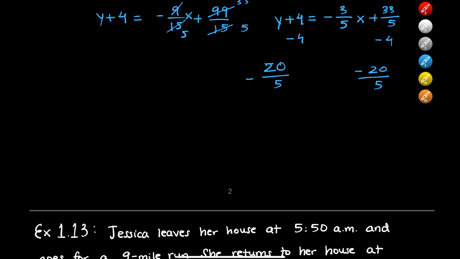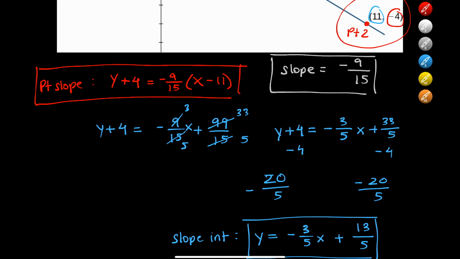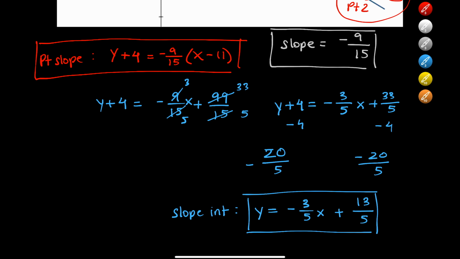And so our slope-intercept form is y is equal to negative 3/5 x plus 13 over 5. So these are the 3 solutions to this question.